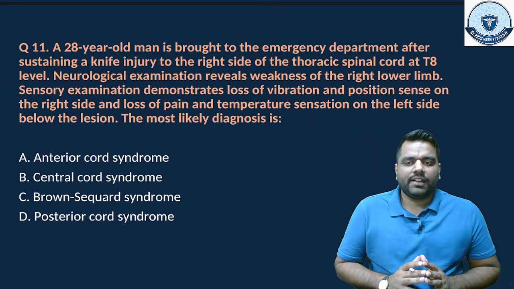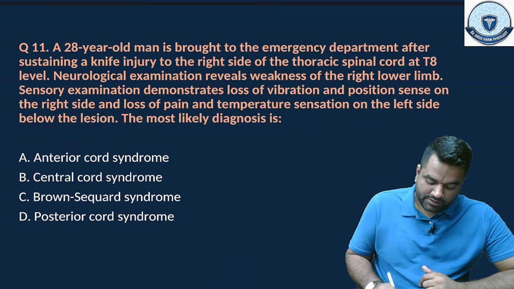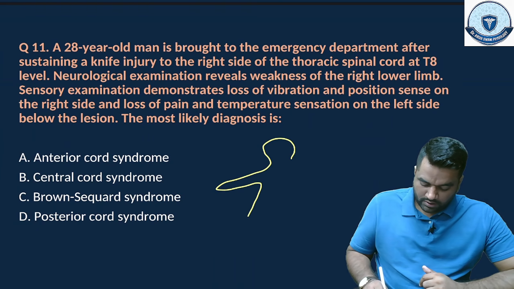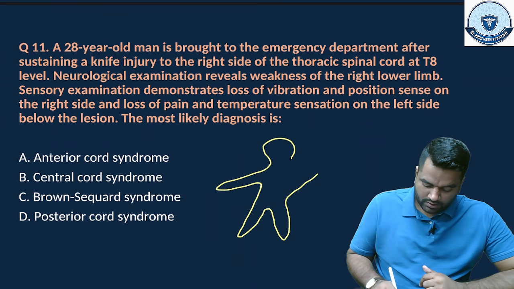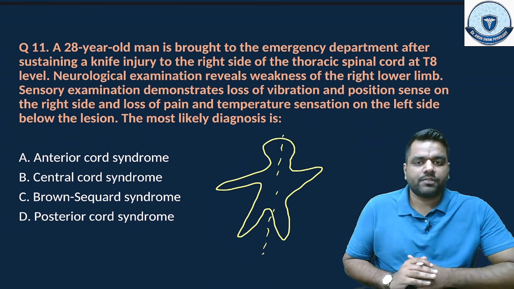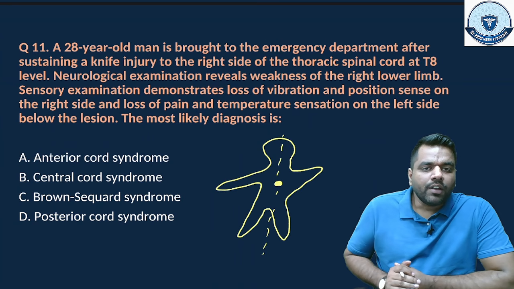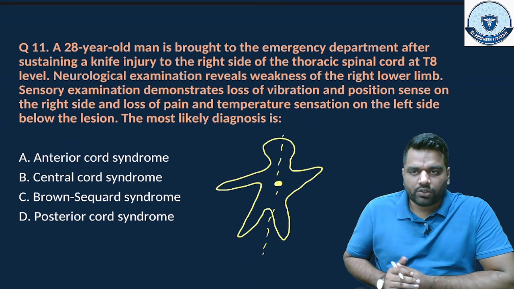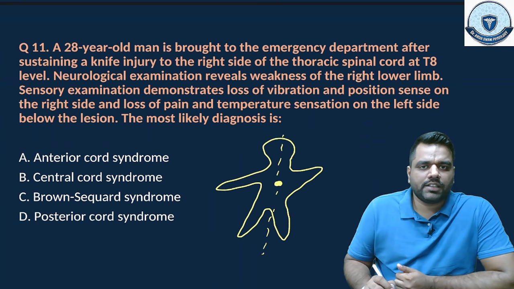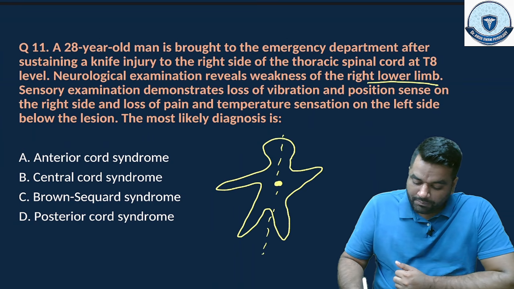The most likely diagnosis is, guys, please pay attention. The person is having injury. Suppose this is the person, and the person is having injury at this level, right? Suppose at this level, this is T8 level. Now what is the question saying? The question is saying the neurological examination reveals there is a weakness on the right lower limb.